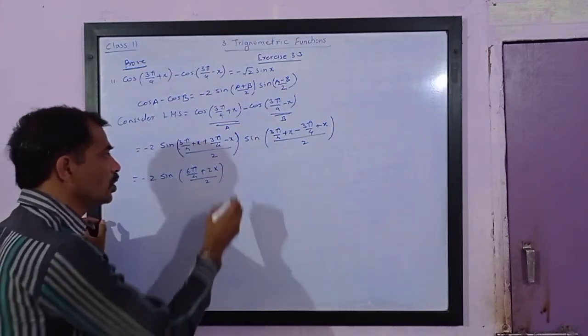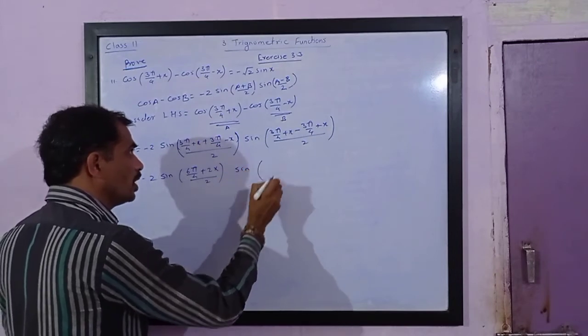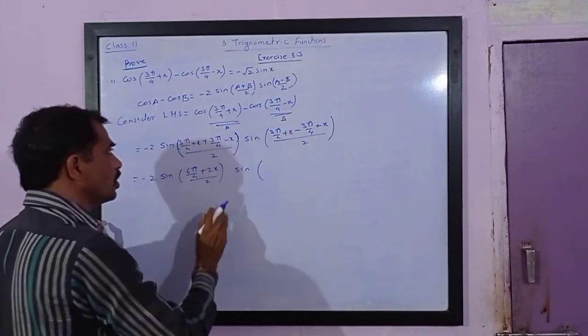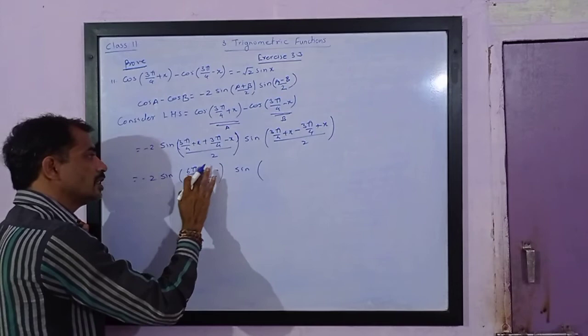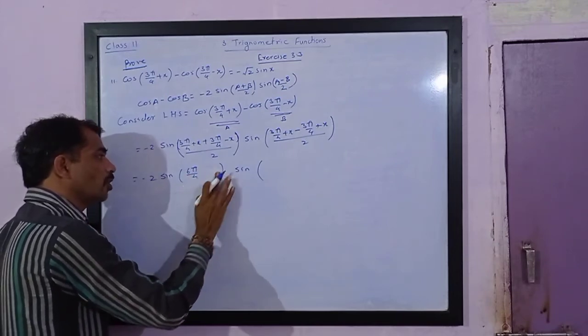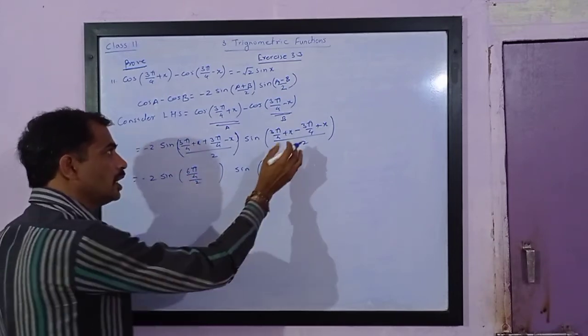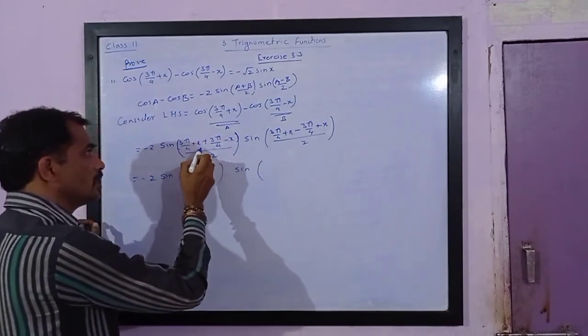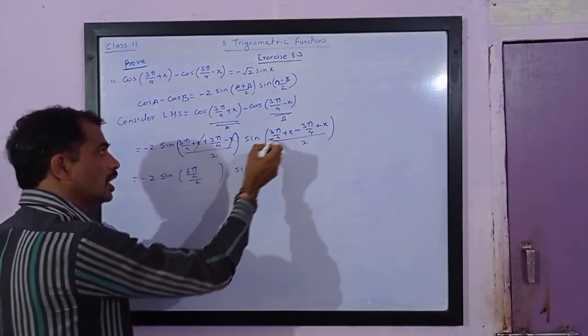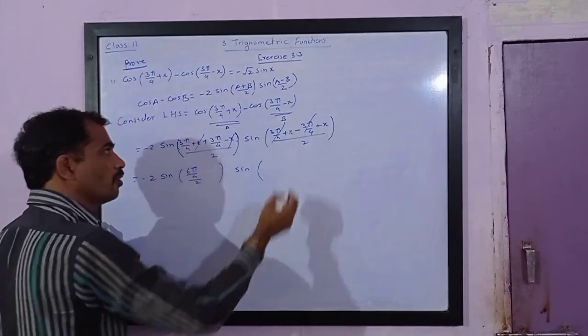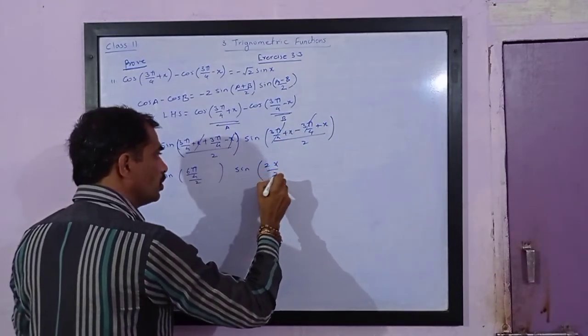Here x minus x will get cancelled, so you will get only 6 pi upon 4 upon 2. And here minus x plus x will cut, 3 pi upon 4 minus 3 pi upon 4 will cut, you will get 2x upon 2.